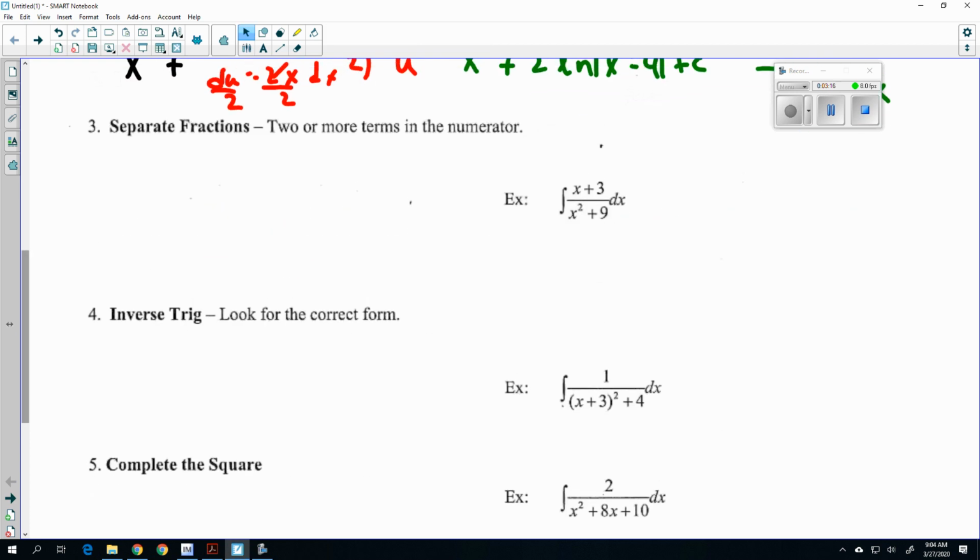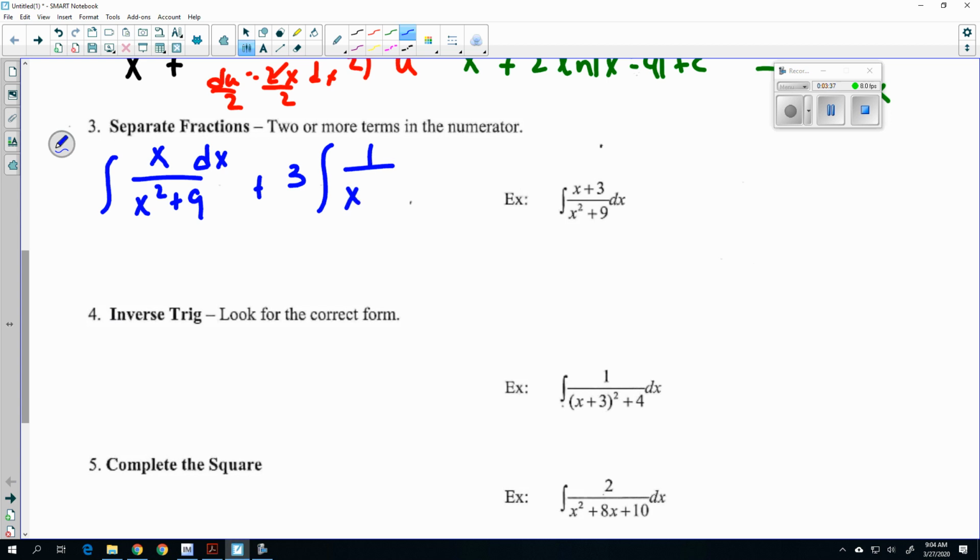Another technique that we've done was to separate fractions. So it looks like x squared plus 9 might factor, but remember, it is a positive 9, so it won't. So I'm going to make 2 fractions out of this. x divided by x squared plus 9, and 3 divided by x squared plus 9. The second one, I see immediately an inverse trig function of tangent.